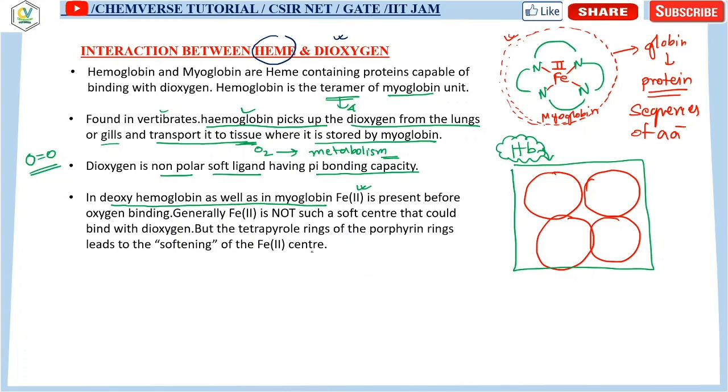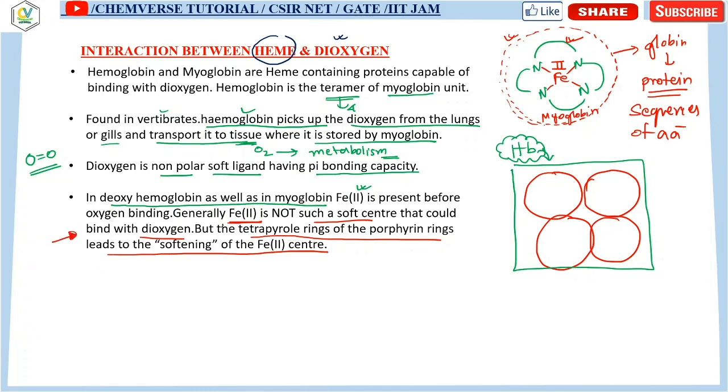Clear? So iron 2, if you just consider this Fe2 plus ion, it's not so soft that it could bind with the oxygen. But what actually happens is that the tetrapyrrole ring of the porphyrin leads to the softening of the Fe2 center. So this is the role of the porphyrin ring. This could be a very important question.